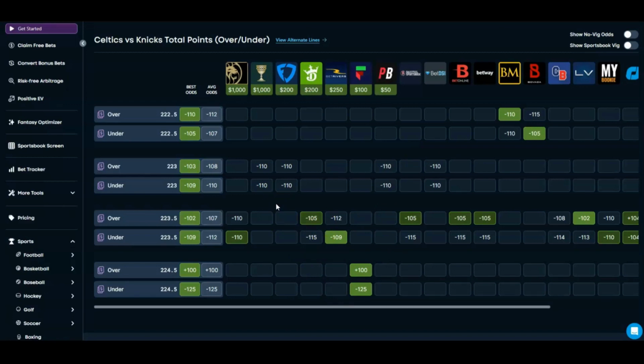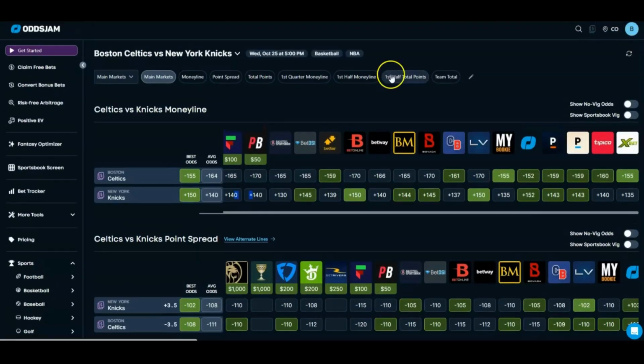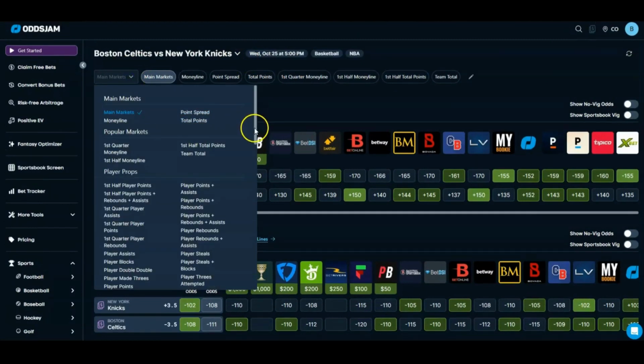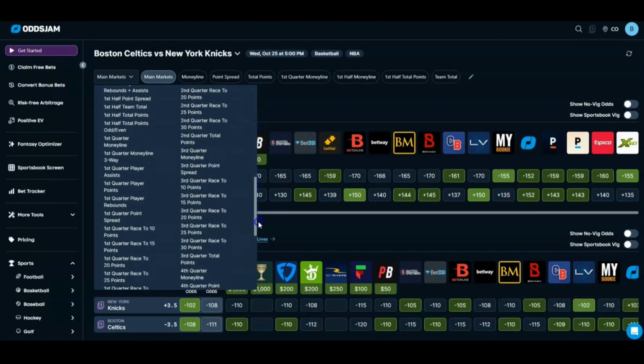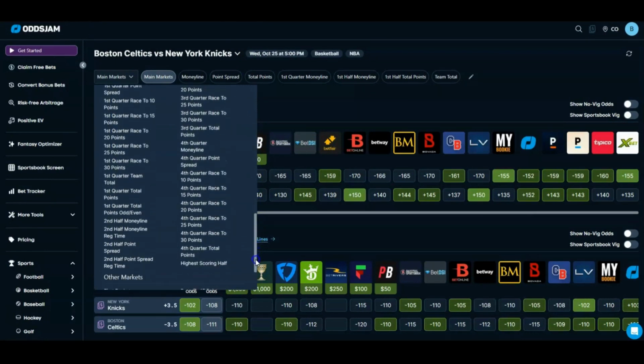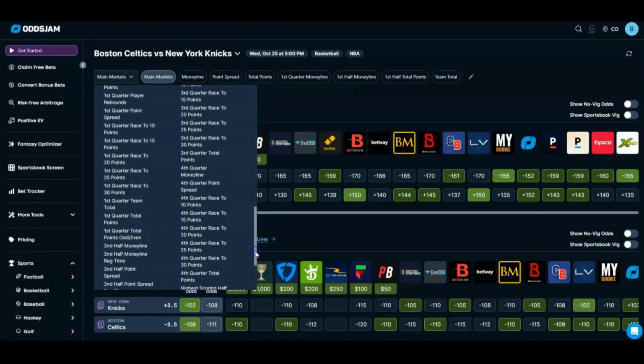But hopefully this makes sense as far as the player prop type bets. Again, you can find the player prop type bets in the markets here as well. So let's say you go to this particular game, you want to drop down and look at all the different player prop and alternative market bets for this Celtics-Knicks game. It's all here. It's a ton of info, tons of markets, and it's all there for you, but it's all filtered and processed and really delivered to you through the positive EV page.